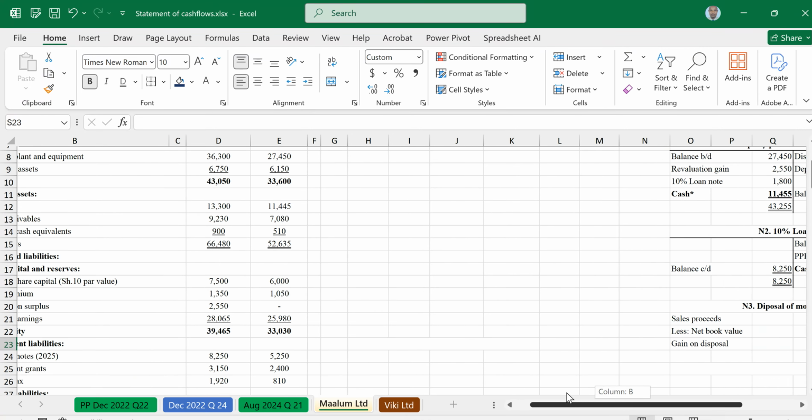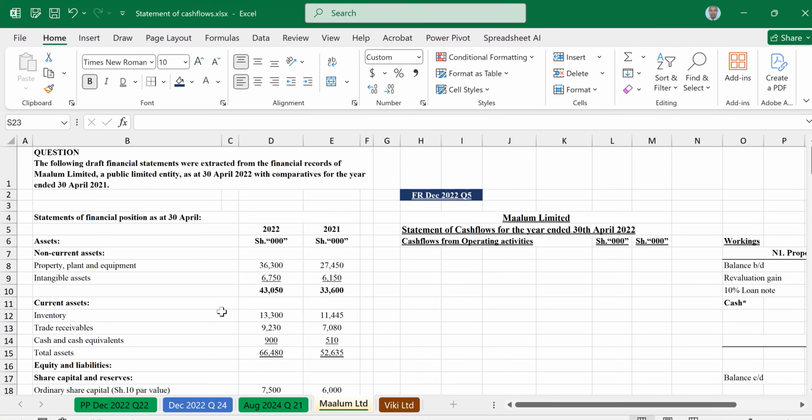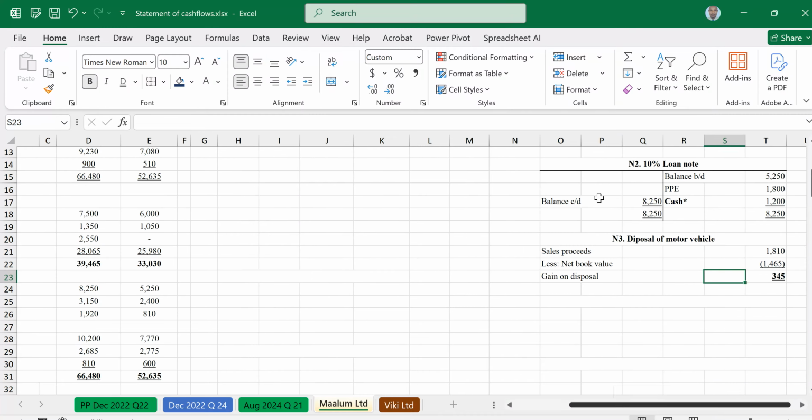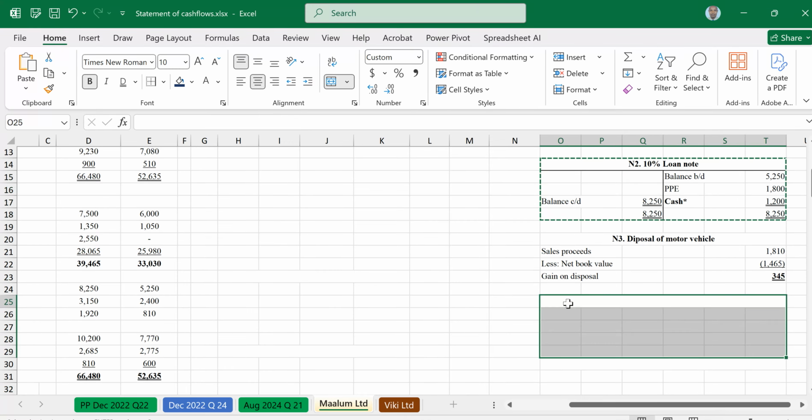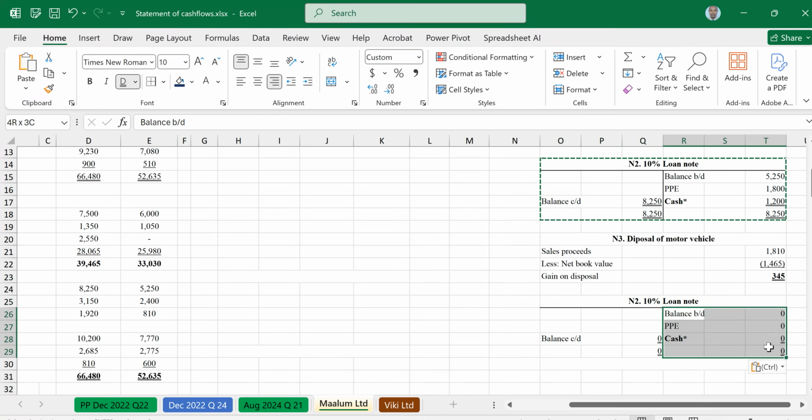Now from the gain on disposal, another important account will be the intangible asset. So you're also going to do the intangible asset as our next working. Intangible asset.